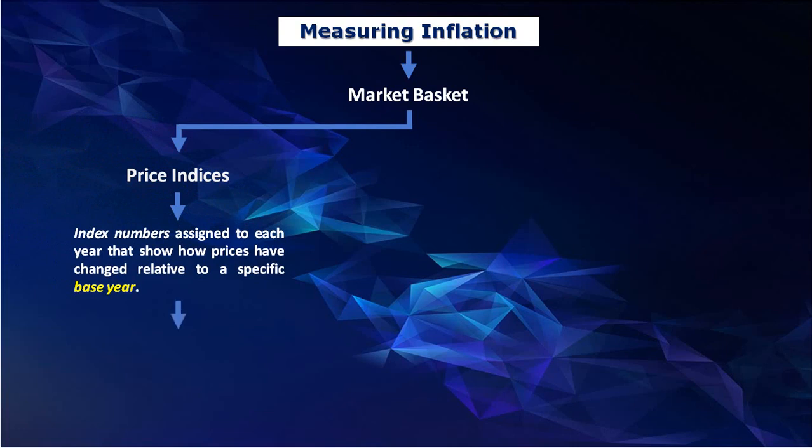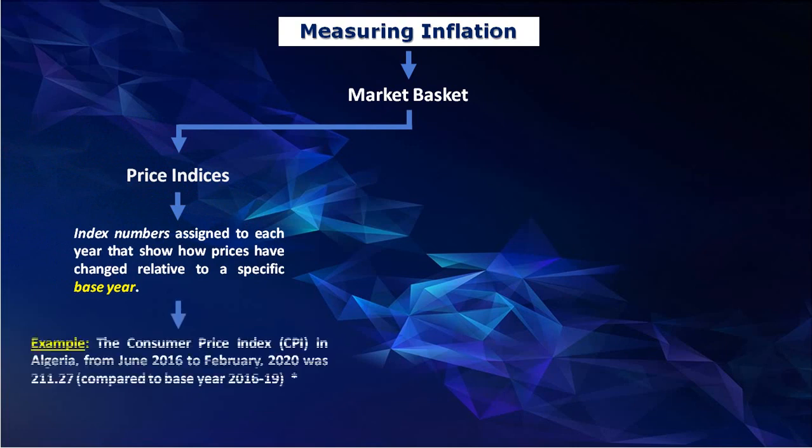To illustrate, we have one example. The Consumer Price Index, CPI, in Algeria from June 2016 to February 2020 was 211.27 compared to base year 2016-19. So we consider 211.27 as an index number.